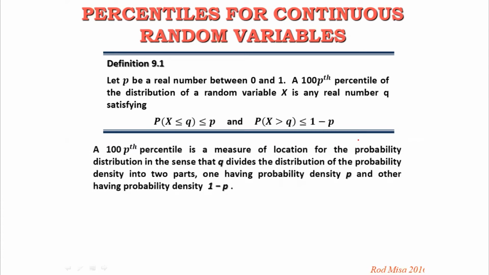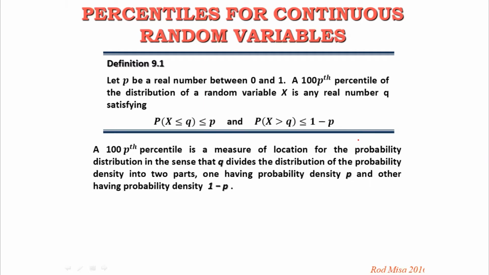In other words, the pth percentile is a measure of location for the probability distribution, in the sense that q divides the distribution of the probability density into two parts, one having probability p and the other having probability 1 minus p.